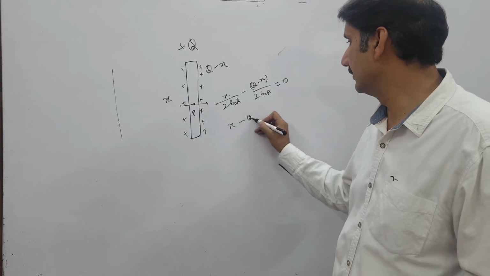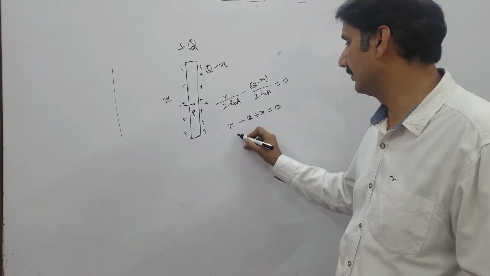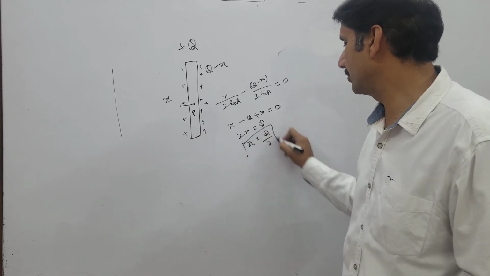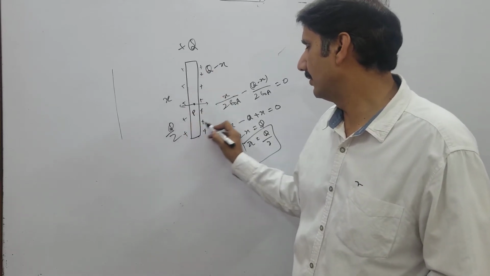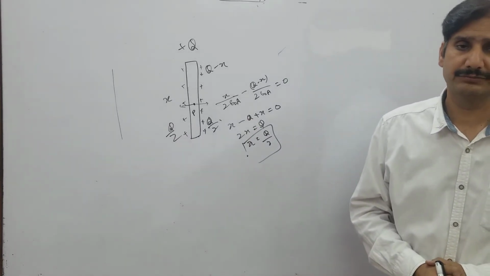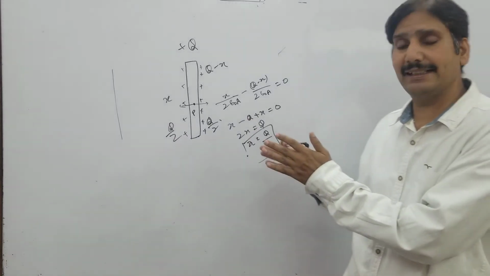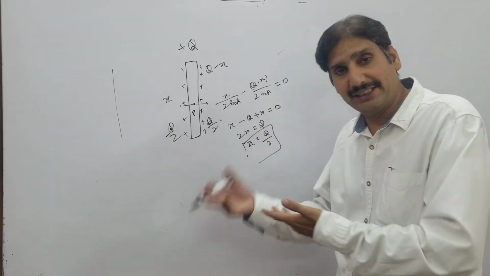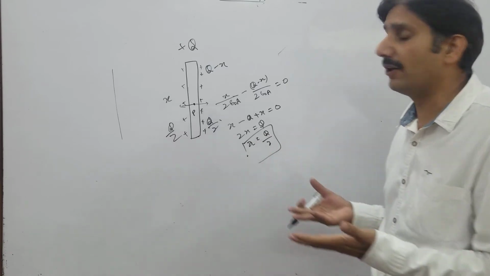X minus Q plus X is equal to 0. So 2X is equal to Q and X is equal to Q by 2. So charge gets equally distributed on both the surfaces of this plate. This is not difficult, but this is the approach which we will follow even in the complicated questions. So this is how we should proceed.